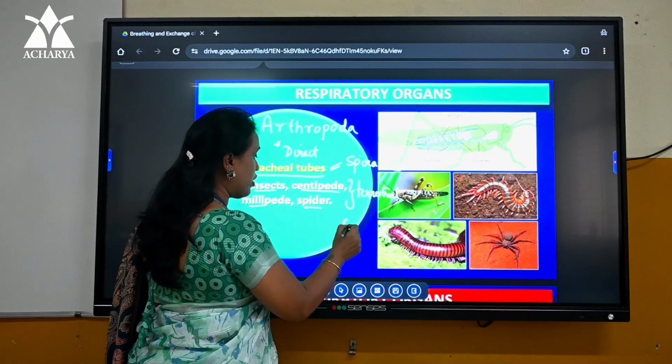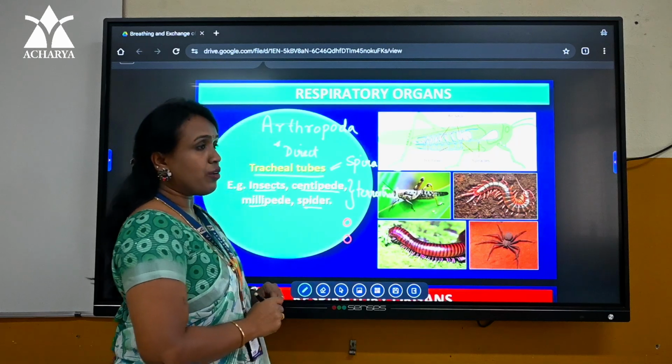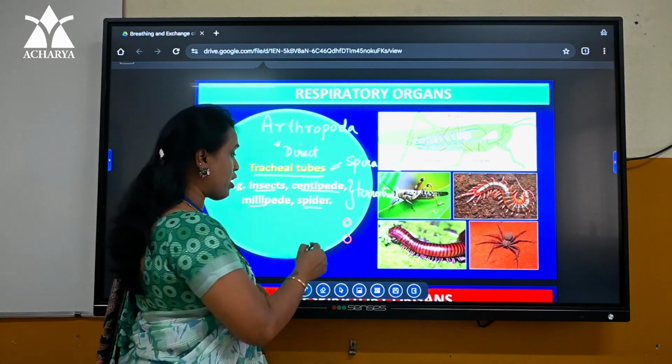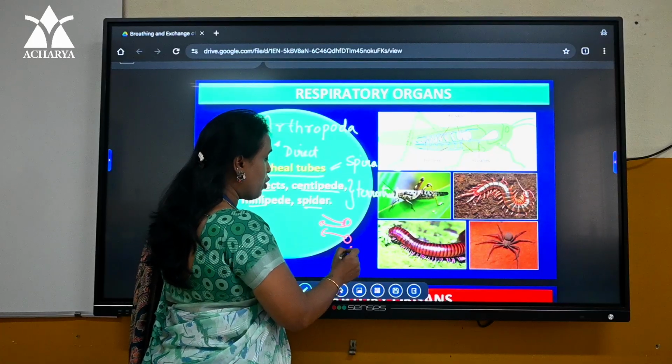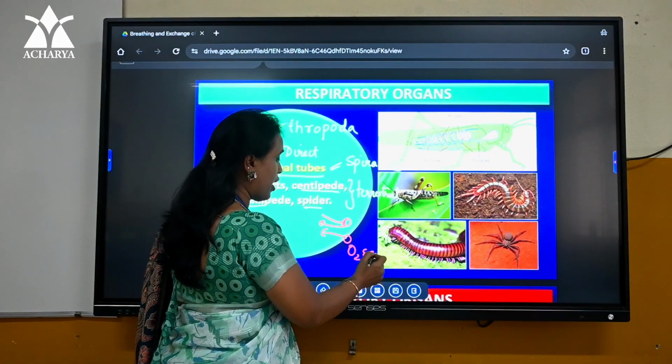Have you ever wondered about the importance of these spiracles? They are the entry and exit of O2 and carbon dioxide.